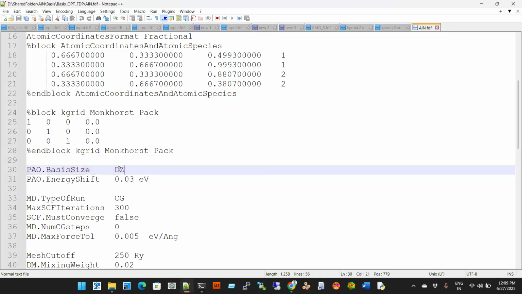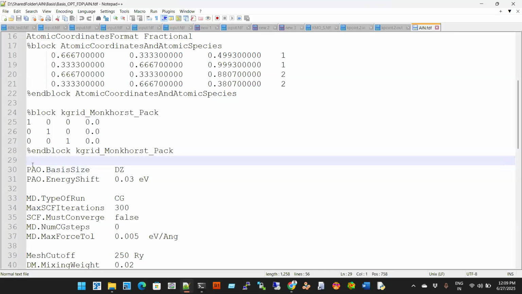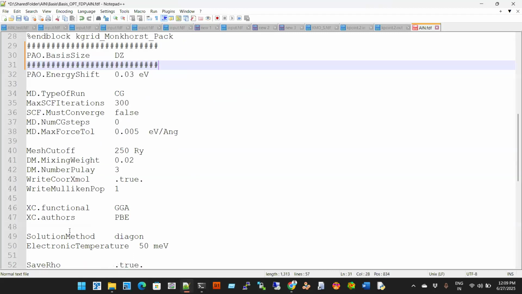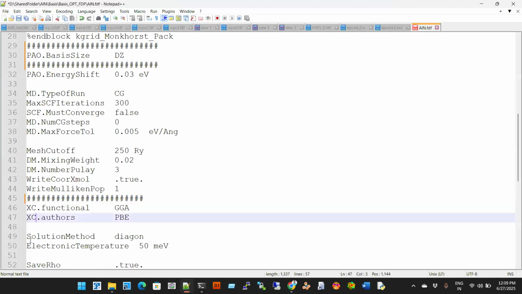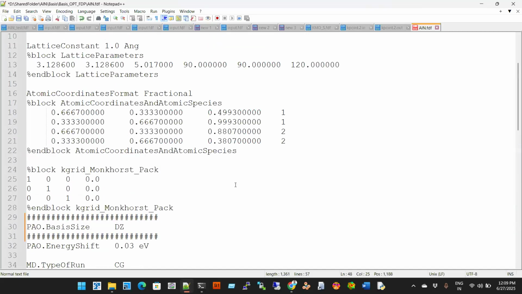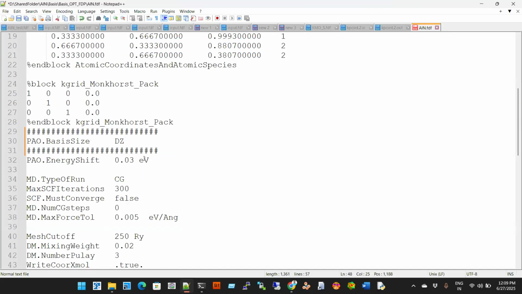And this one is the important thing we are trying to deal with. Basically, we have to change this parameter, PAO basis size, and the corresponding exchange correlation functional as well we can change. So first of all, we want to change the basis size.